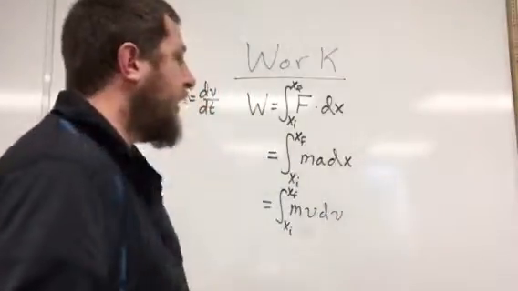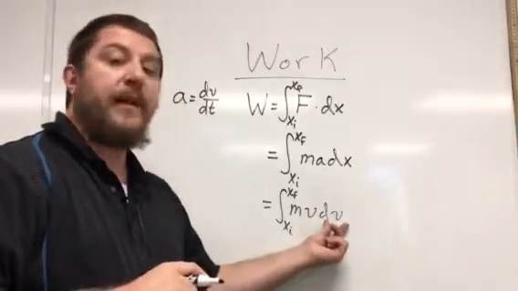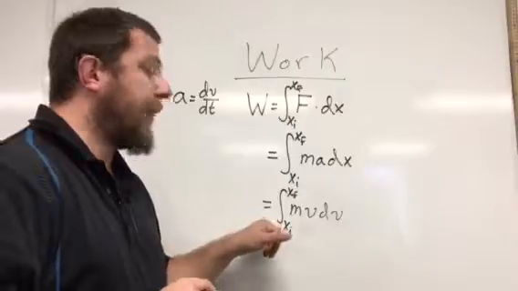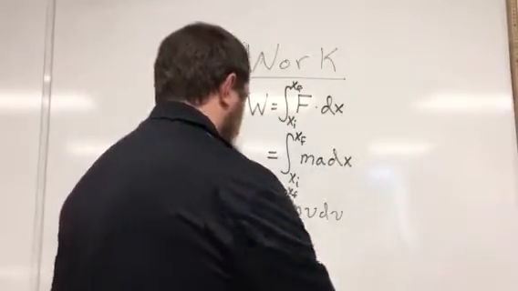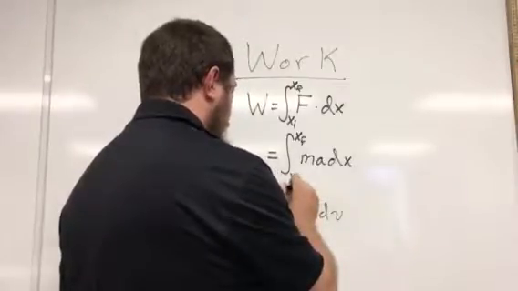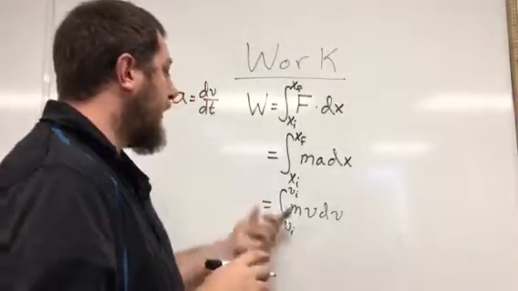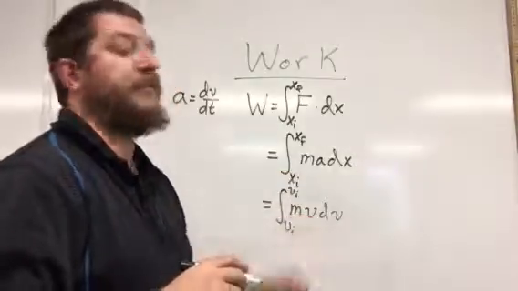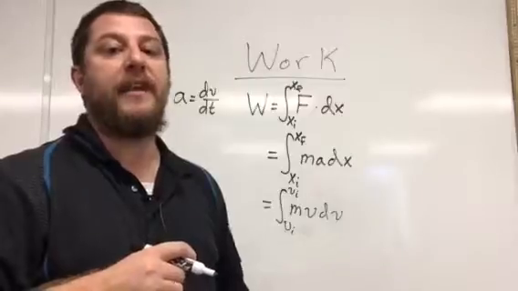And because I'm integrating along a path, but now I'm integrating with respect to velocities instead of positions, I need to change these from my initial velocity to my final velocity. And if I assume my mass is constant, then my mass will come out of the integral, and I just have the integral of v dv. And the integral of v dv is 1/2 v squared.